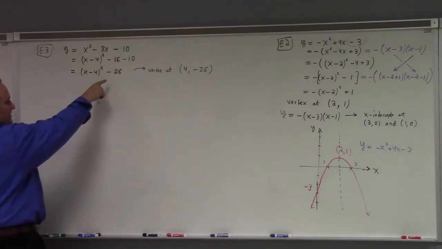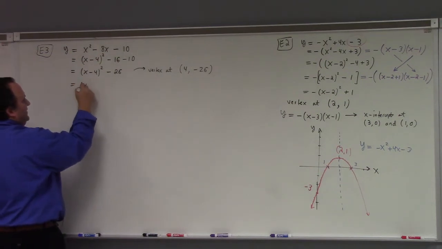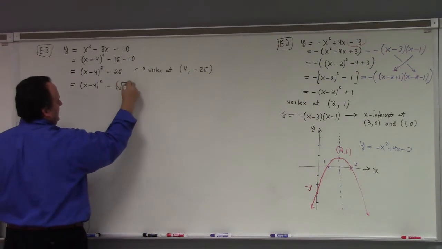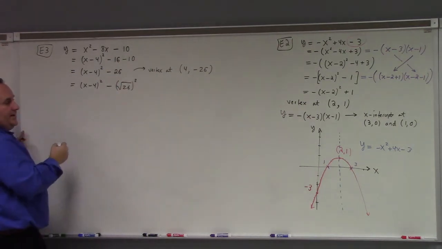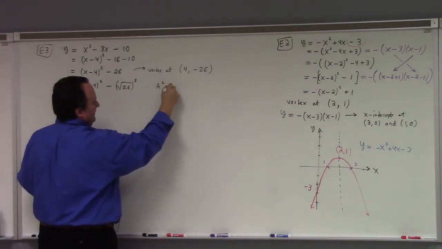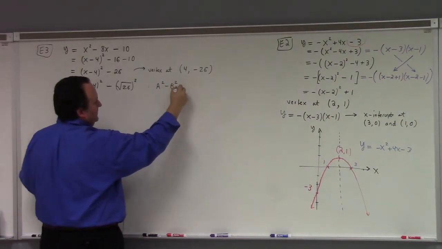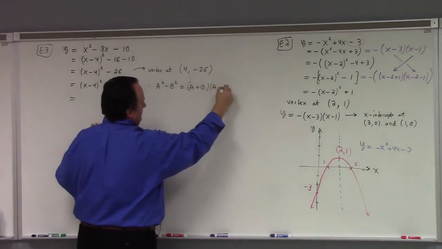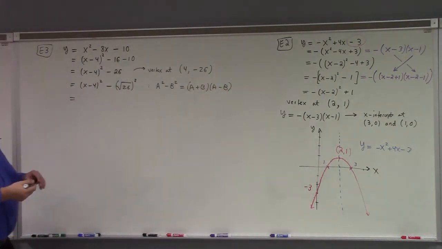So I look at this as x minus 4 squared minus the square root of 26 squared. I think of this as a squared minus b squared. I remember that a squared minus b squared can be written as a plus b times a minus b. Remember I told you guys that on day 1?